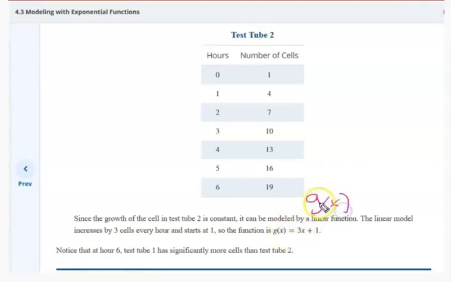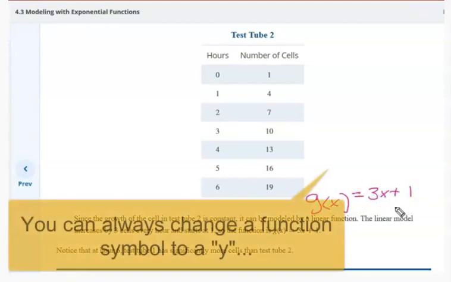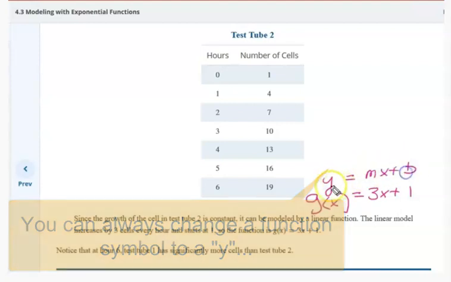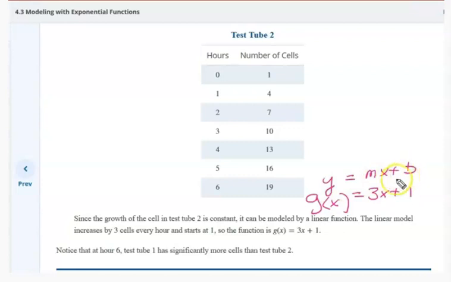They often use f, but you could use another letter. And that equals 3x plus 1. Okay, so notice that if we change this function symbol to a y, we have our old friend, y equals mx plus b. And we knew this was a straight line. All right, let's continue.